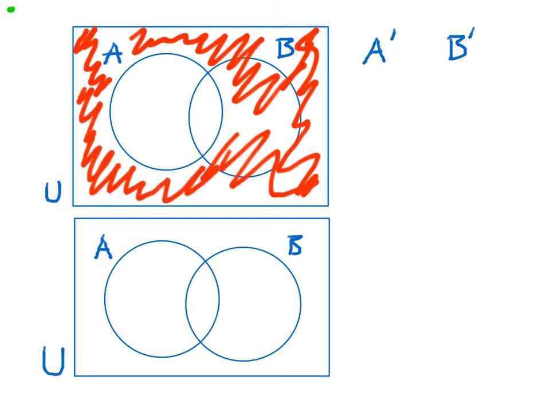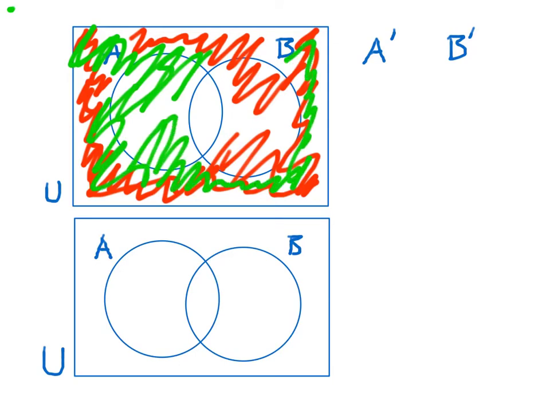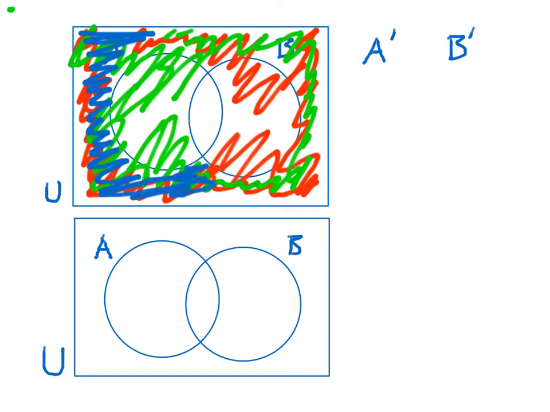And that's everything that's outside the circle A. I'm then going to shade the region that is the complement of B. And that is everything that's outside of the circle B. Notice the region where I have both red and green shading, which I'm going to replace with blue shading.